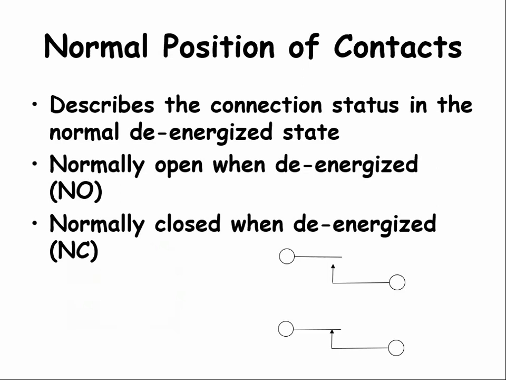The top sketch with the gap between the armature on the left and the arrow connected to the circuit on the right is the normally open circuit. It means that when the relay is not energized, the load circuit is open. The bottom sketch shows the circuit connected. This indicates that this relay will be connected when the relay is not energized.